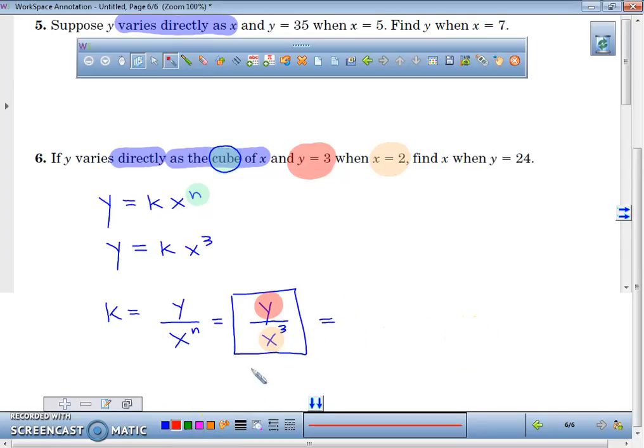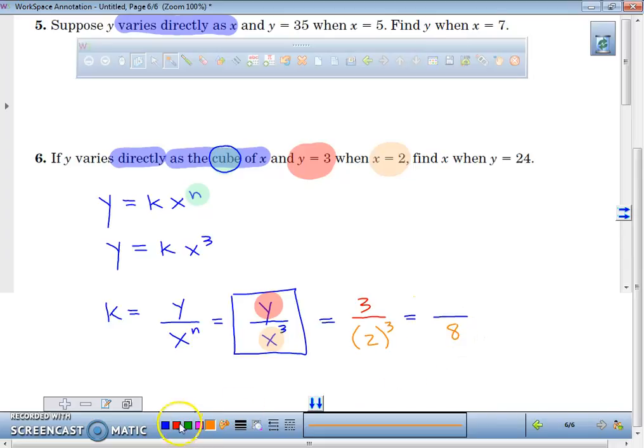So our y value is 3 when our x value is 2. But it's not just a 2, it's a 2 to the power of 3. That will be 8. So in the denominator, we have an 8. In the numerator, we have a 3. So 3 over 8 is the answer for k.